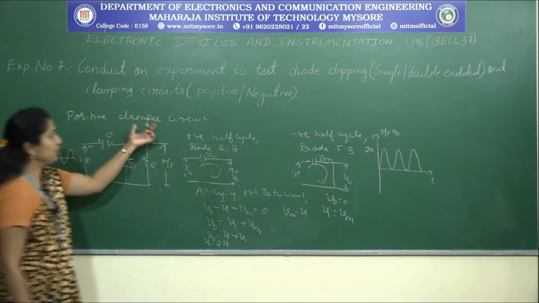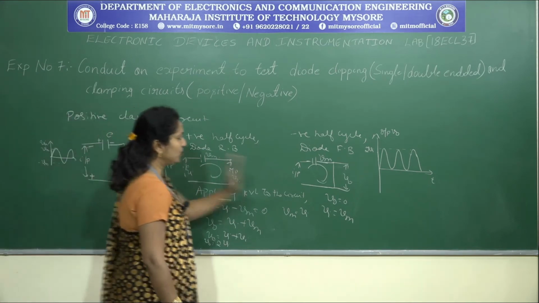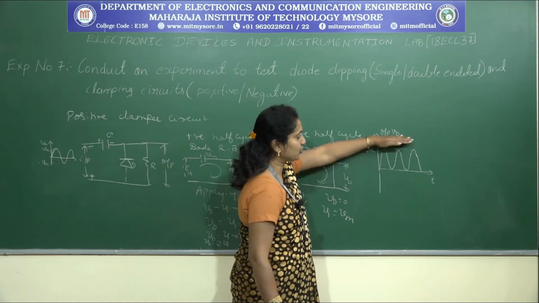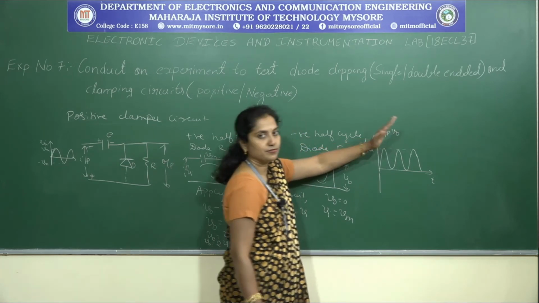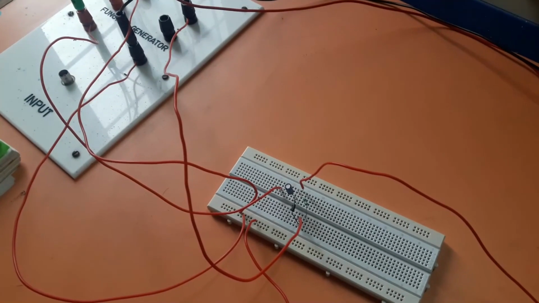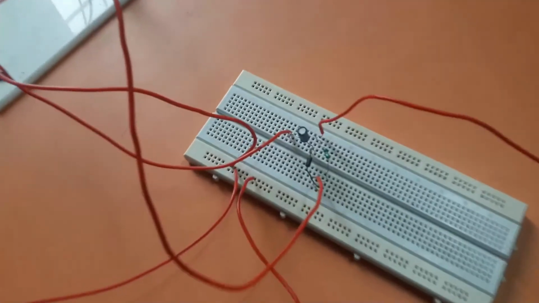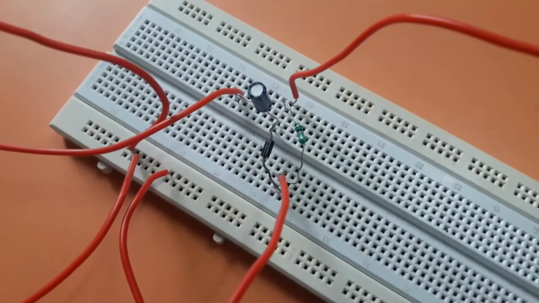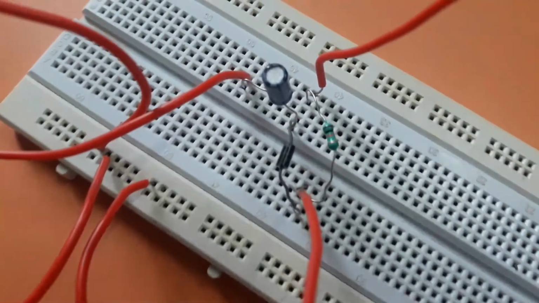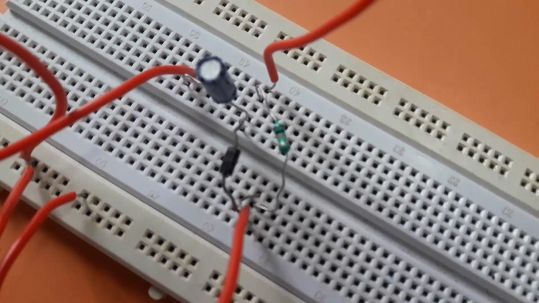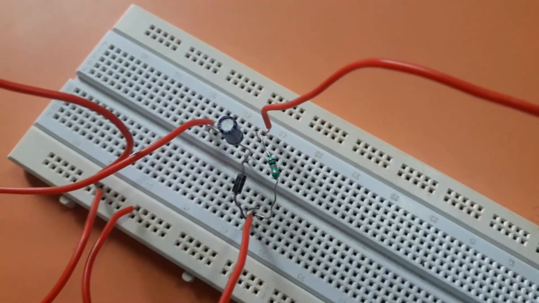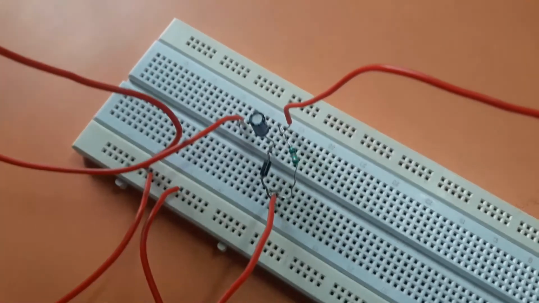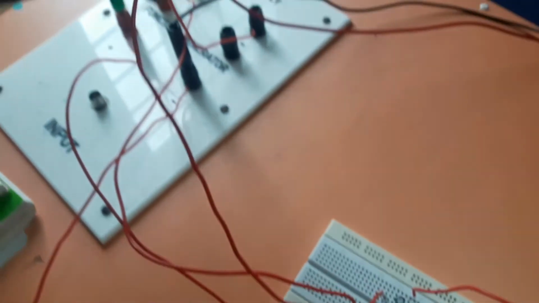This is the positive clamper circuit. The output voltage, which is the DC level, is going to shift to the positive side. Now for the negative peak clamping circuit, we have reversed the diode. The cathode, the white patch you can see, is connected to the capacitor end, and the anode side is connected to the biasing supply.